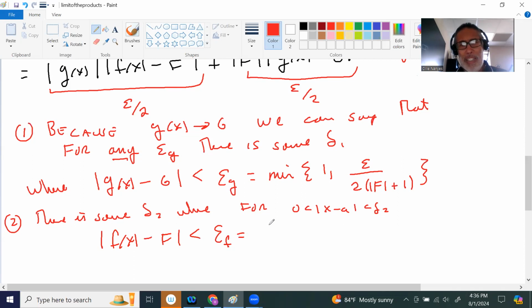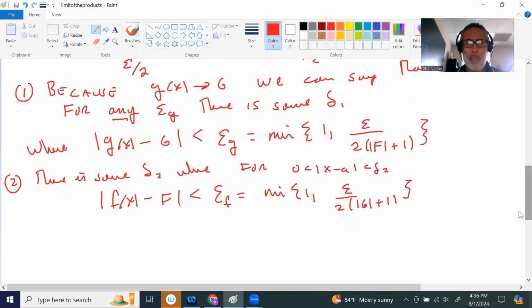And I'll go ahead and say that's going to be the minimum of 1, epsilon over 2, and we're going to want to divide out by this g here. So I'm going to call this big G plus 1. Absolute value of G plus 1. Okay, there's your delta 2.